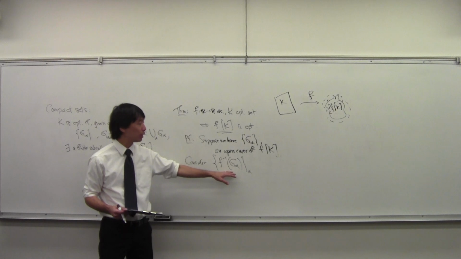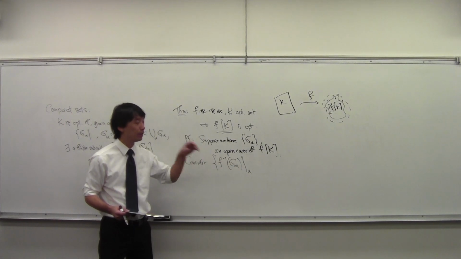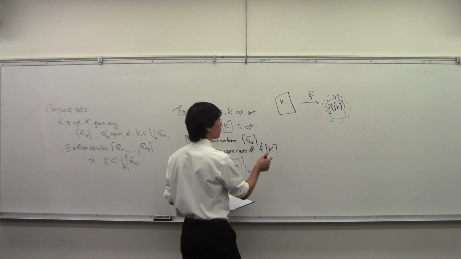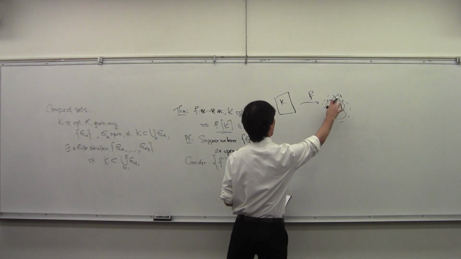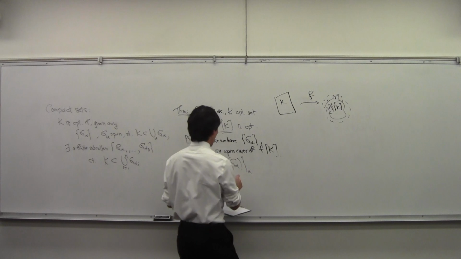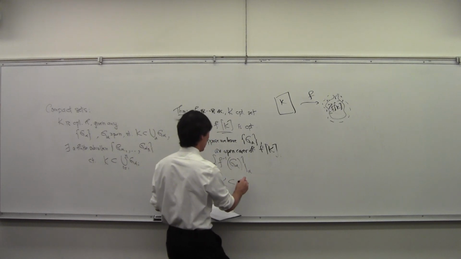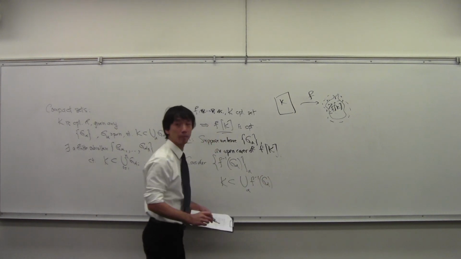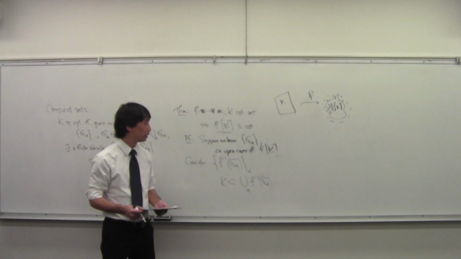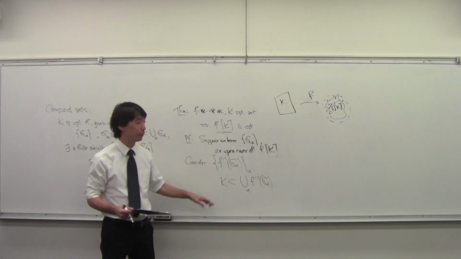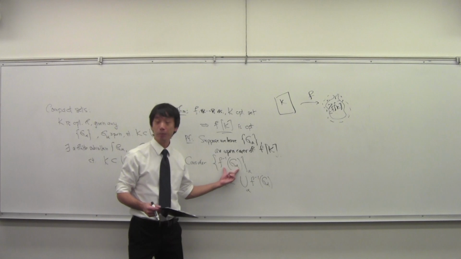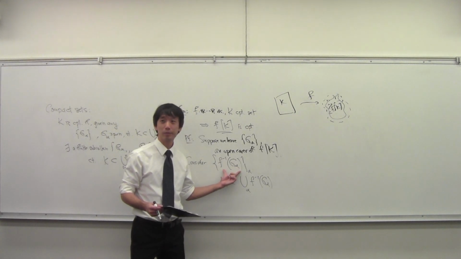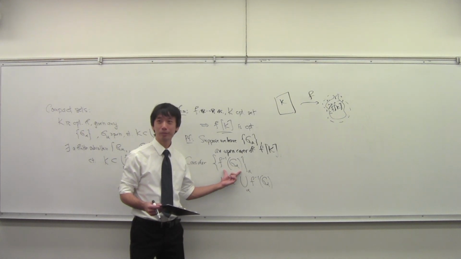Since the G alphas cover F of K, K is contained in the union of these pre-images. Right? And further, these guys are open. Why are they open?